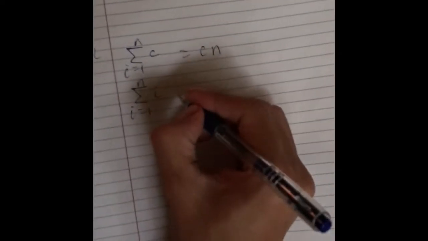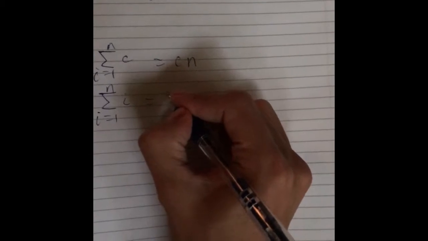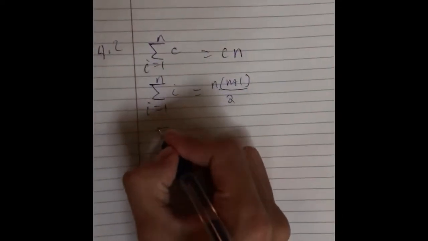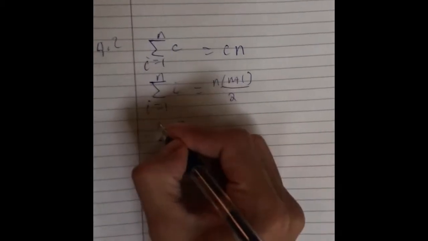And here's where things start to get a little bit complicated. The formula to find this out is n times n plus 1 over 2. Now there's going to be instances where they might give you an i squared.